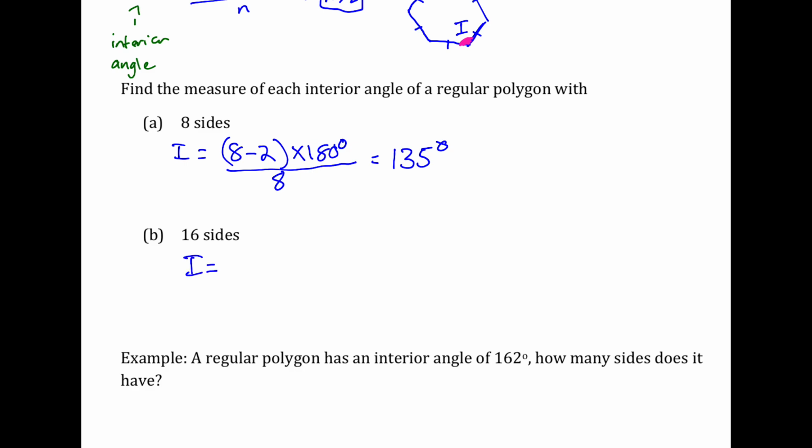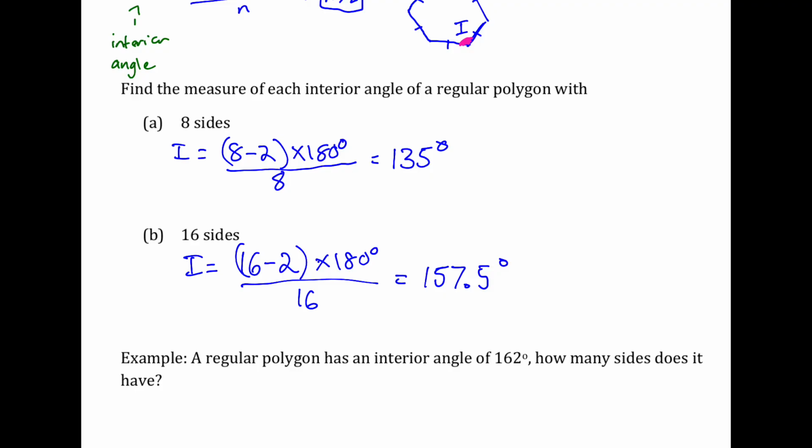I is equal to 16 minus 2 times 180 degrees, all divided by 16. And let's see what I get out of that one. It's going to be a little bigger. 14 times 180 over 16. I get 157.5 degrees. So it's getting wider and wider and wider.